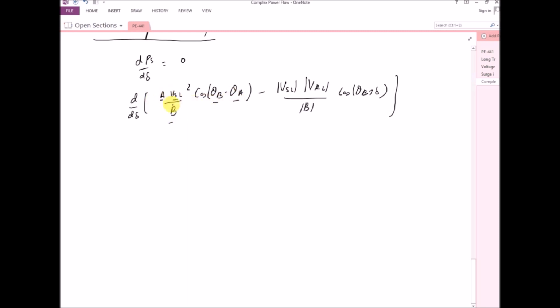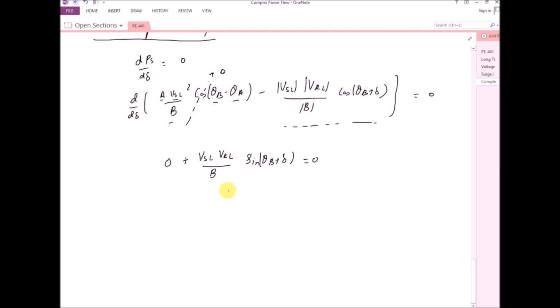So A, B, cos theta B minus theta A, all these values are constant, so the derivative of this value will be equal to 0. We are left with the derivative of the second part, so that will be 0 plus VSL VRL over B sine theta B plus delta equal to 0.